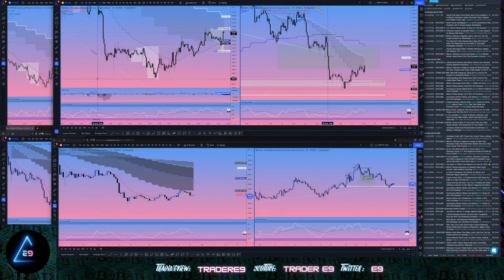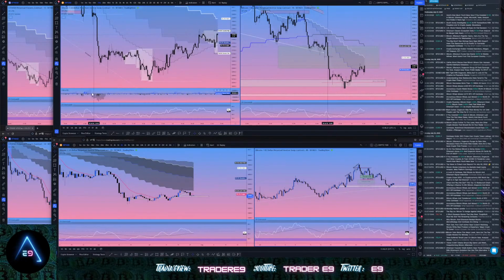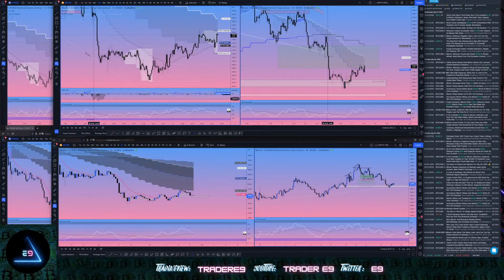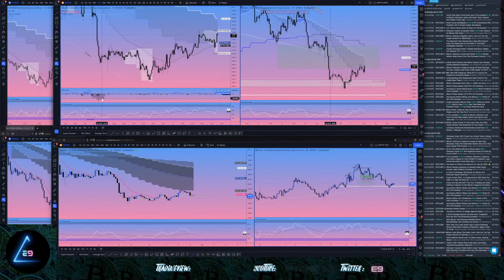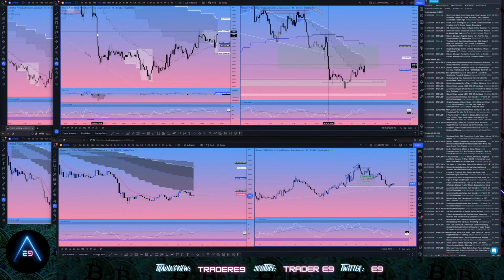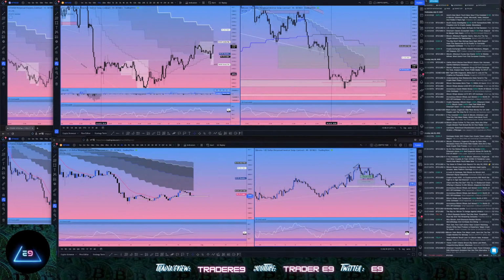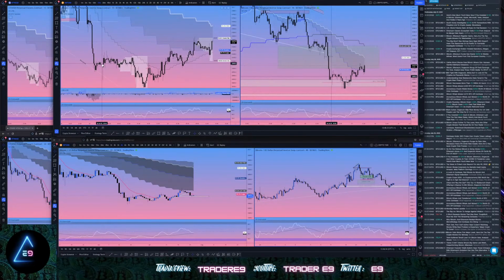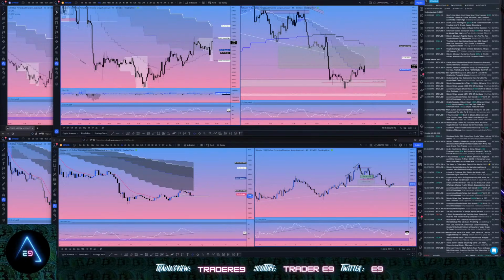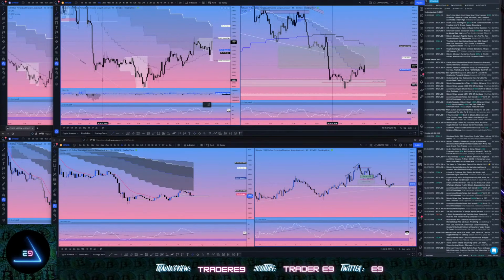It's not great, it is what it is, but it just gives me a little insight here. You can see moving down, you got this selling volume. It's kind of being absorbed here as it goes sideways. We have this final push down.